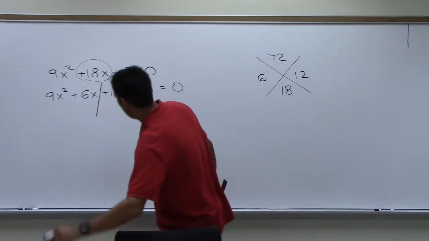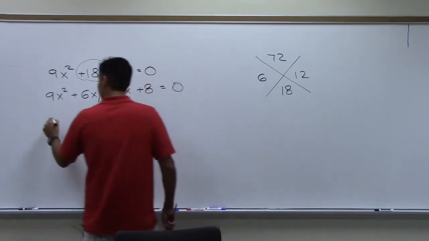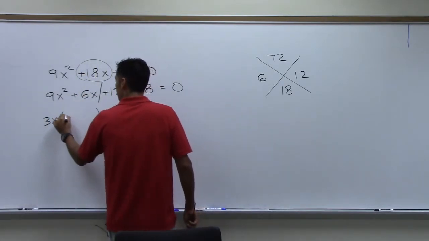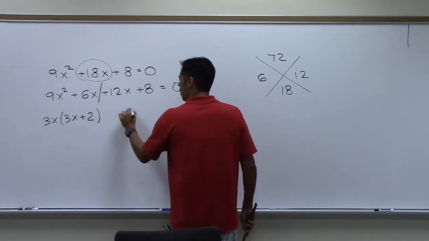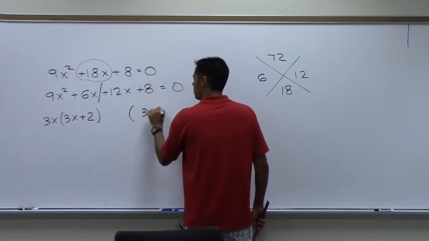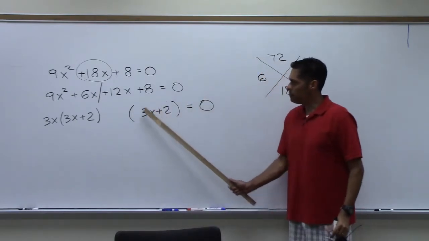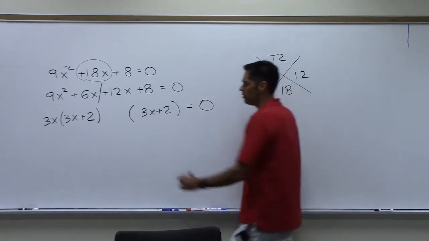What can I pull out of the first 2 terms here? 3x, which would leave me with 3x plus 2. And I believe you all like the matching, where we just wrote 3x plus 2 equals 0 and then tried to figure out if there's a number that I could use here. 4? Plus 4.